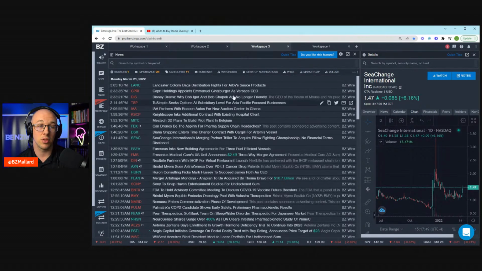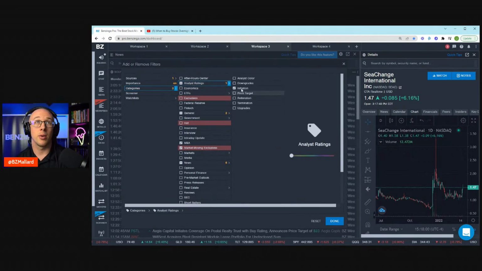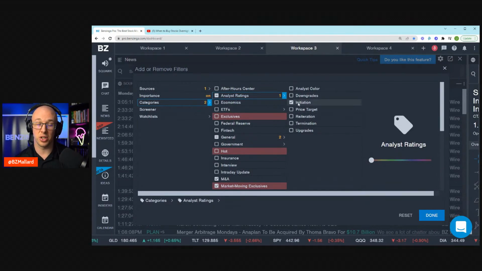And on this news tool, you could just click on the categories filter. So I just click on categories, and right at the top here, I've got analyst ratings. Now, I only checked one subcategory here. I might zoom in a little bit so you guys can see that better. There we go. So you can see that I checked the box for initiation.